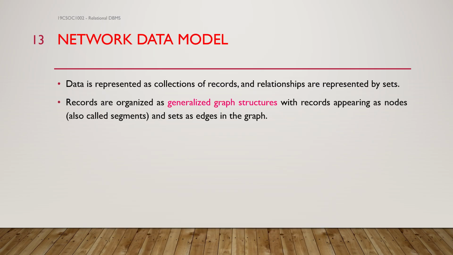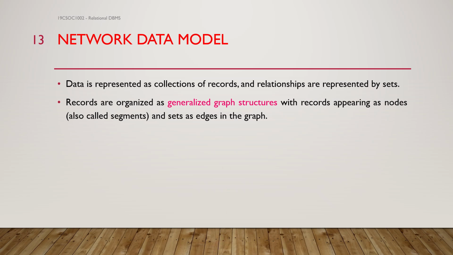Network data model. The network data model consists of a collection of records, and their relationships are represented by sets, which form a generalized graph structure. Here we have to note the generalized graph structure. This is the most important concept. The records appear as nodes, which are called segments, and the sets are represented as edges in the graph.